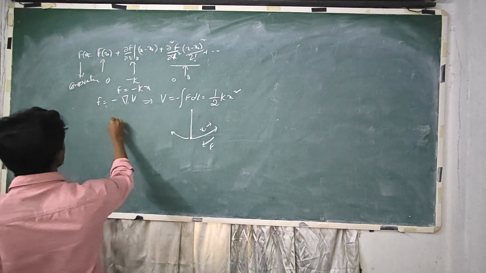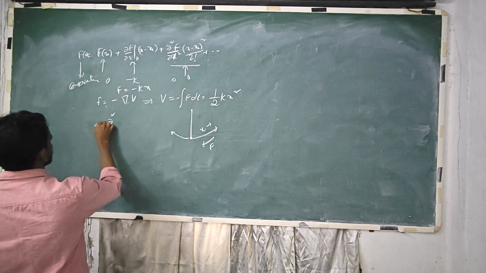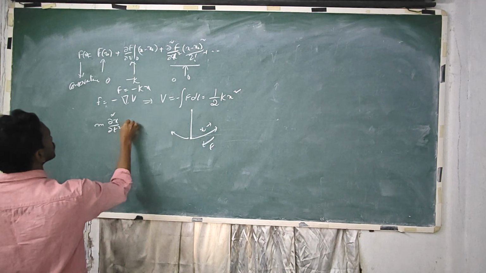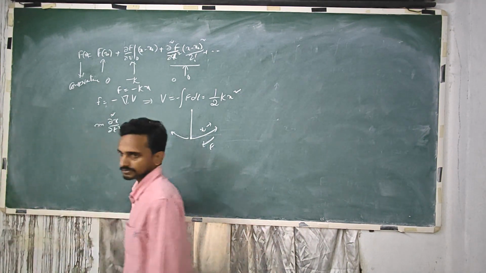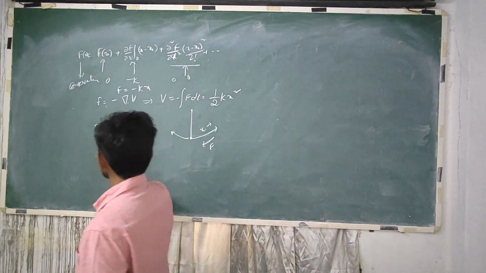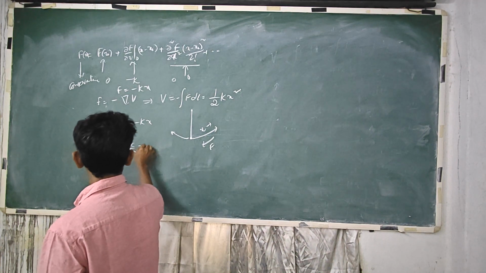And if you see the solution of this differential equation, m ∂²x/∂t² is equal to minus kx. If you rearrange this, the equation becomes ∂²x/∂t² plus (k/m)x is 0.